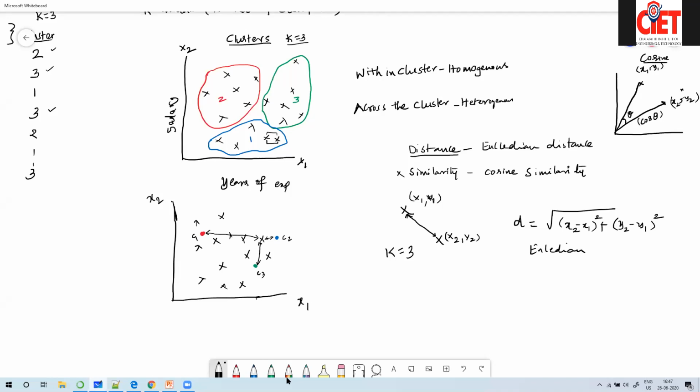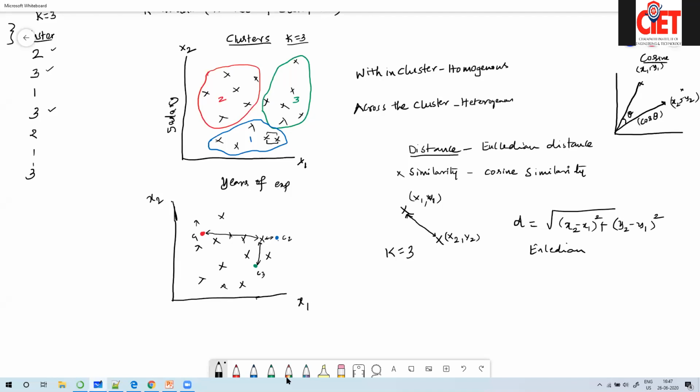Now, out of the three, which centroid is nearest to this particular observation in question? This observation is nearest to centroid 2, so we would assign this observation to centroid 2.